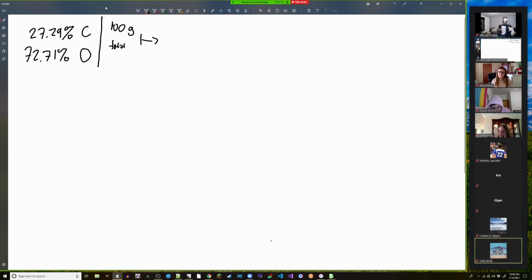If I just multiply by 100 grams, I'm going to get 27.29 grams of carbon. And likewise, 72.71 grams of oxygen. It's just the numbers given. That's why choosing 100 grams as your sample size is really easy. You can take the percentages and turn them straight into grams.